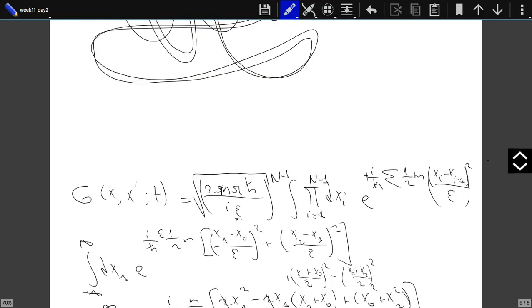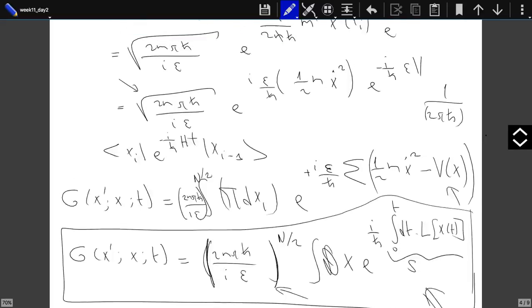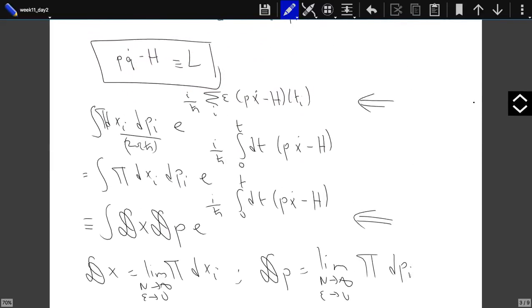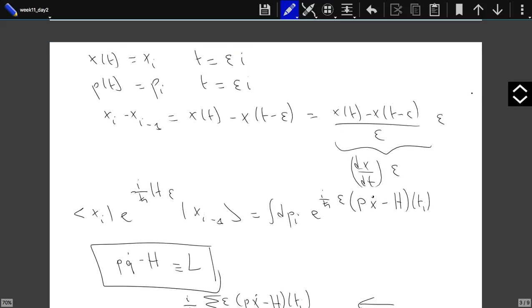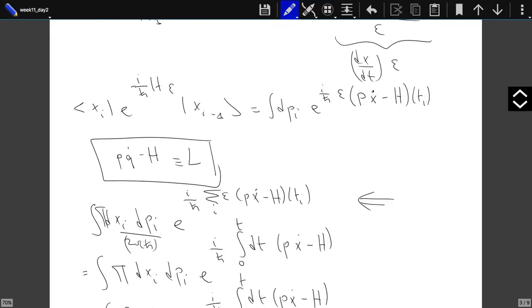I was kind of lousy about my overall factors. How many x insertions did we do? We inserted n minus 1 x, right? How many momentums did we insert? For each xi in the bra, we inserted one momentum, right? So we basically inserted n of them.